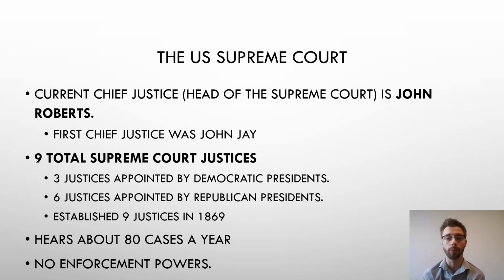We also know that our Supreme Court single-handedly does not have any enforcement powers. By that, it relies on the other branches of government to enforce their rulings. So we see that the judicial branch may rule something. I'm trying to think of a non-heated issue. May provide a ruling regarding the role of religion in government.